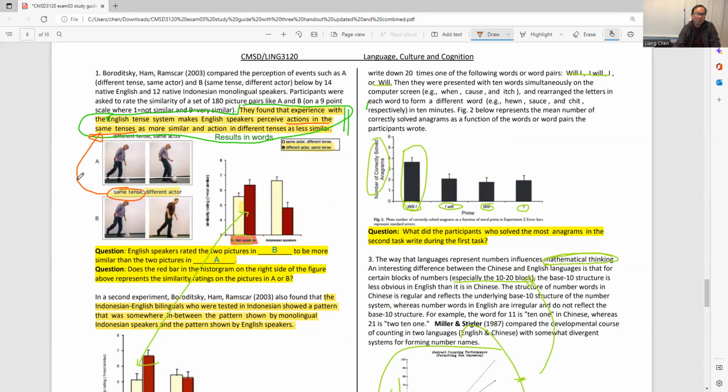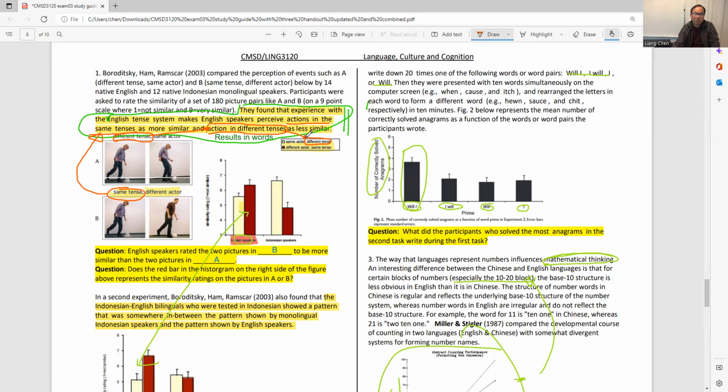So basically, the actions in B. Actions in different tenses, you see here. A, basically. These are the different tense.